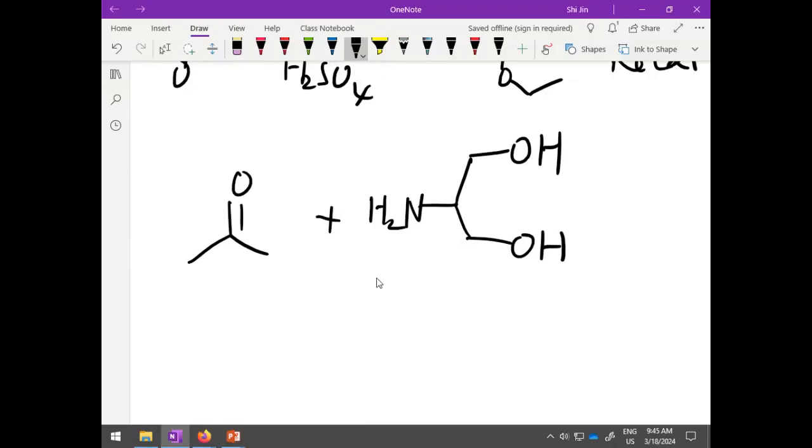The left side nucleophile has two types of nucleophilic atom, N or O. If we don't have any catalyst, and just mix these two and let them react, the major product will be from the more nucleophilic atom reacting with the carbonyl compound.